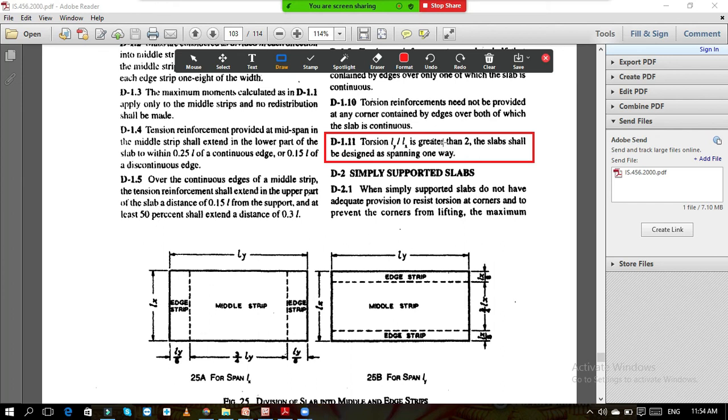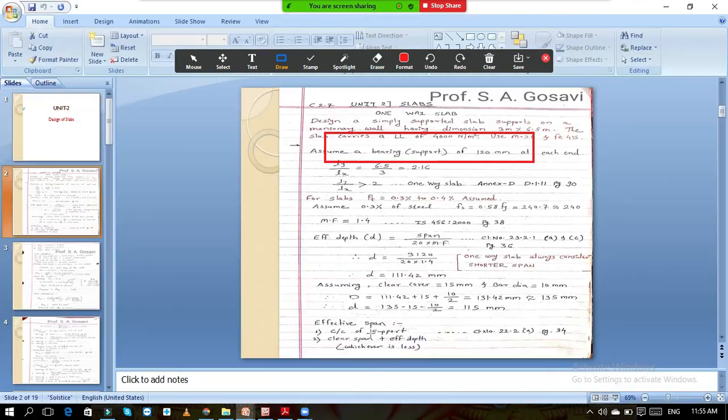So here in this case now we got the value as greater than 2. So we are going to design our slab as a one way slab from IS 456 2000, D 1.11, page number 90 that says this. Okay, so here we must write that. या आपण तसं तिथं लिहायला पाहिजे की आपण ते कुठून घेतोय, काय घेतोय.